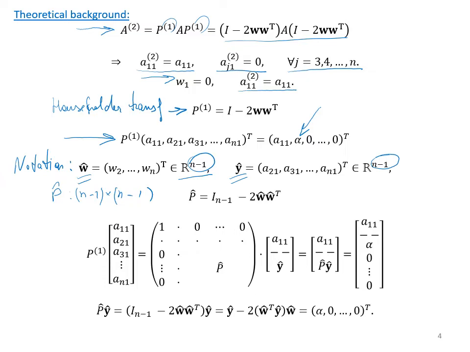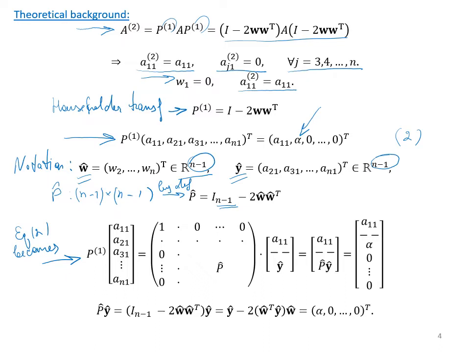And by definition of Householder transformation, P hat is going to be the difference between the identity matrix of dimension n-1 as well, minus the doubled product of vector W hat, not W. And our equation 2 we can write as follows.